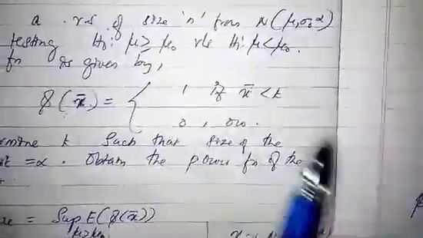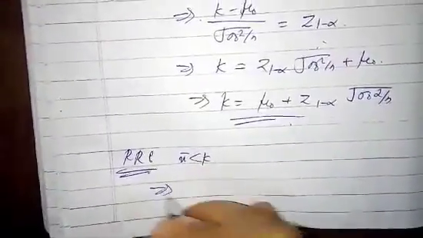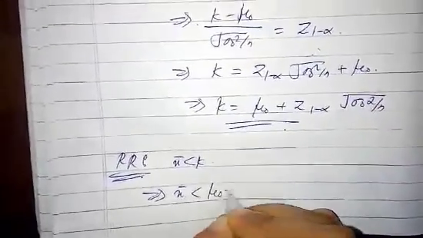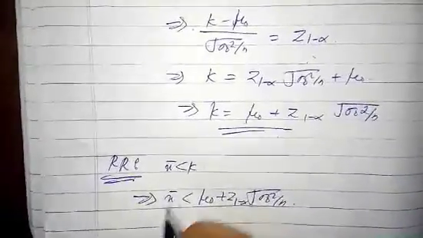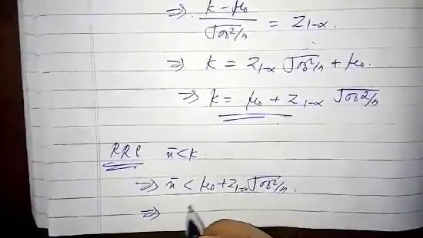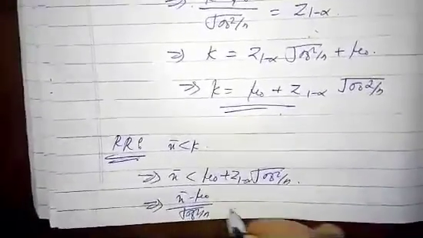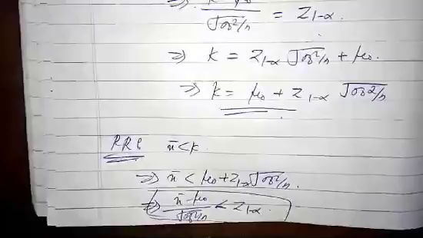So this is the rejection region, that means the rejection region is x bar less than k. What is the k value? That is mu naught plus z 1 minus alpha square root of sigma naught square divided by n, which implies x bar minus mu naught divided by square root of sigma naught square divided by n is less than z 1 minus alpha. This is the rejection region for this problem.